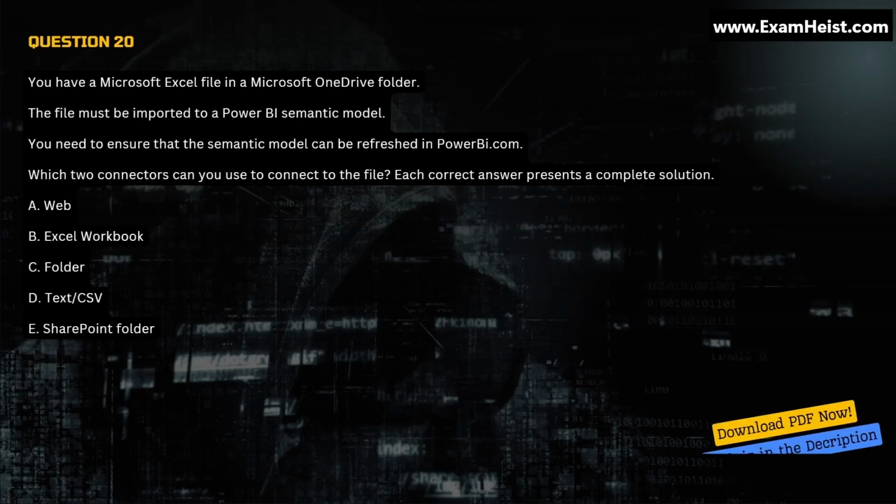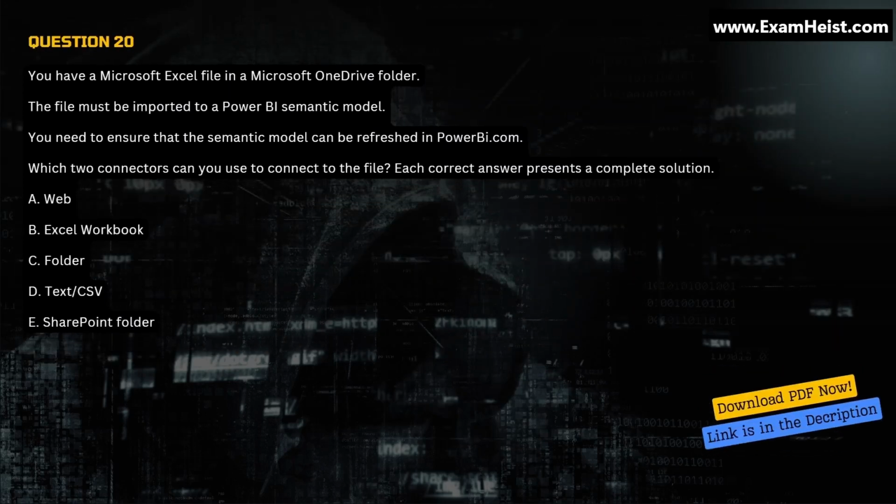Question 20. You have a Microsoft Excel file in a Microsoft OneDrive folder. The file must be imported to a Power BI semantic model. You need to ensure that the semantic model can be refreshed in PowerBI.com. Which two connectors can you use to connect to the file? Each correct answer presents a complete solution.